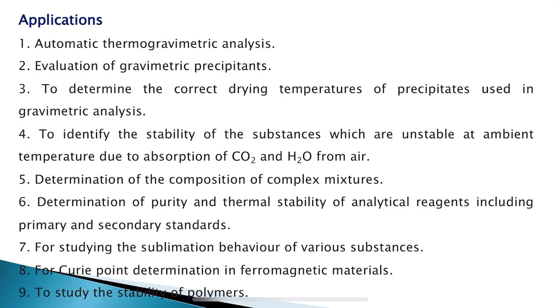That is the evaluation of gravimetric precipitants, which determines the correct drying temperature of precipitates used in gravimetric analysis, and identifies the stability of substances which are unstable at ambient temperatures due to the absorption of carbon dioxide and water molecules from air.